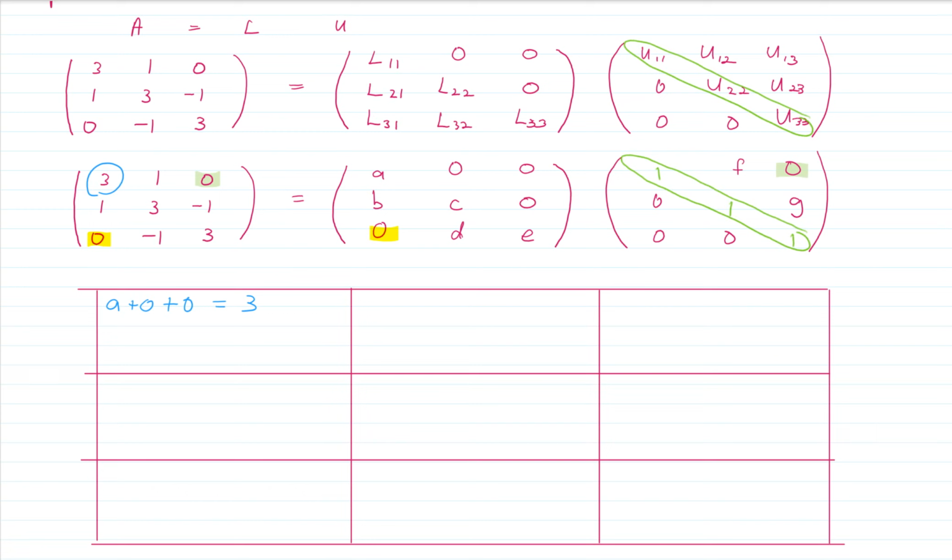Now next, the first row multiplied by the second column.